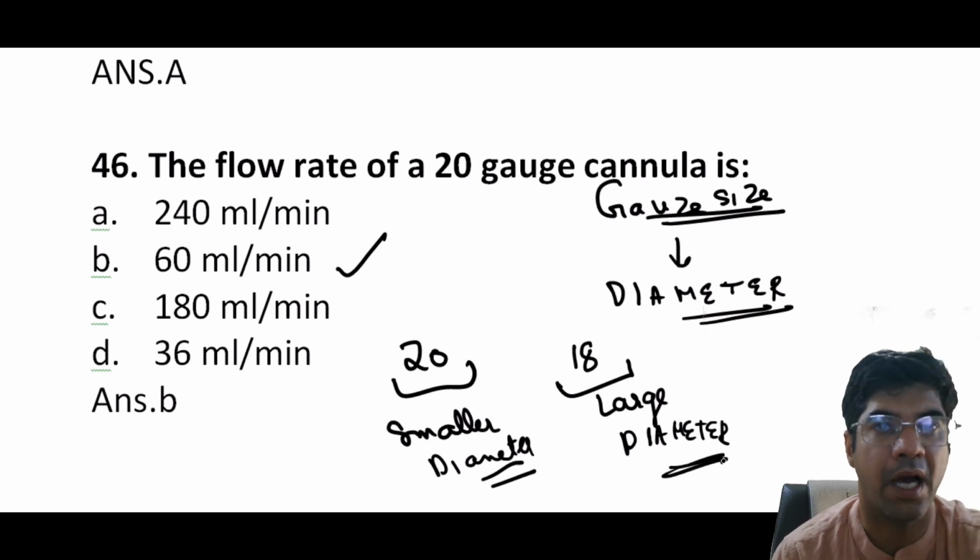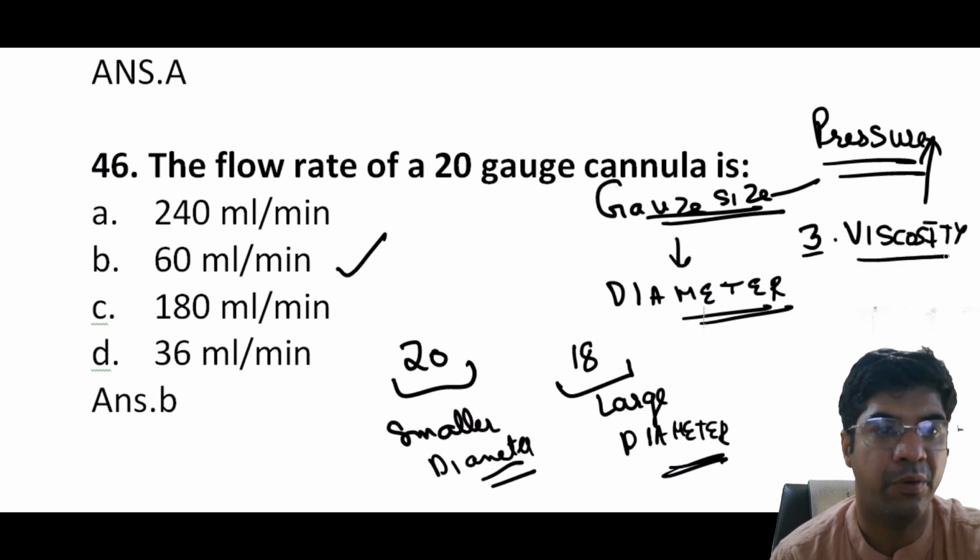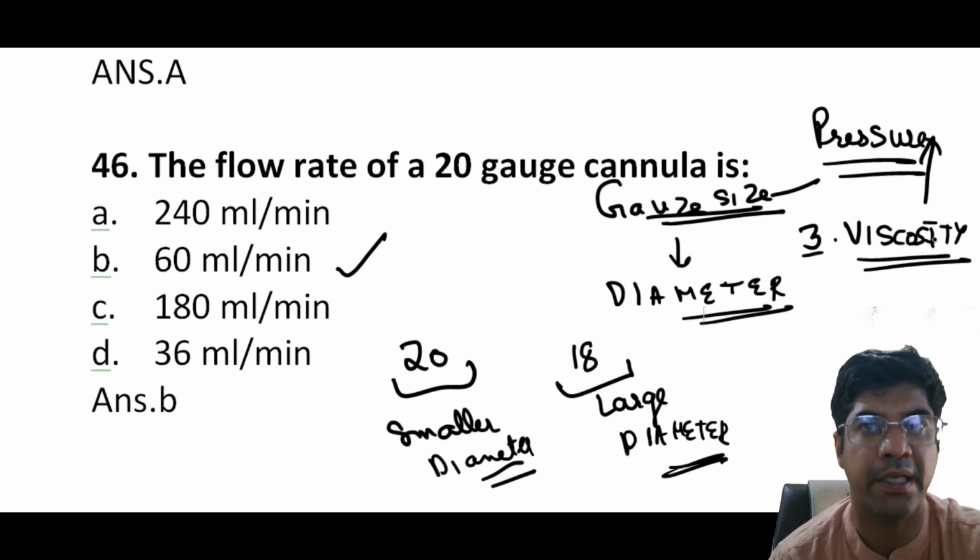Larger the diameter, higher the flow rate. Apart from that, other factors that affect it are the pressure. Increase in pressure would increase the flow rate. Third is the viscosity. Less viscous fluids like saline flow faster than more viscous fluids like blood.